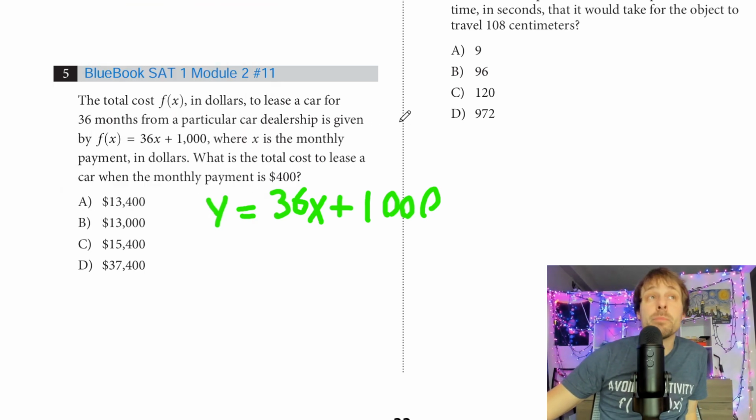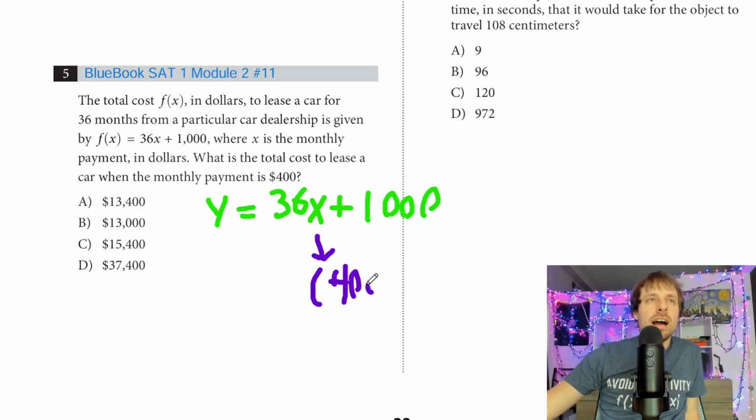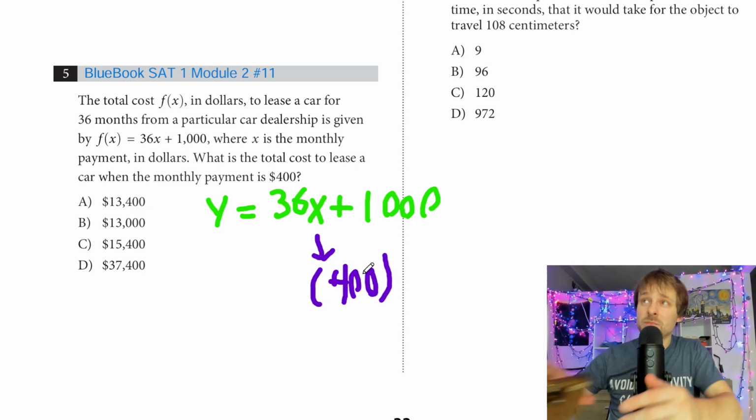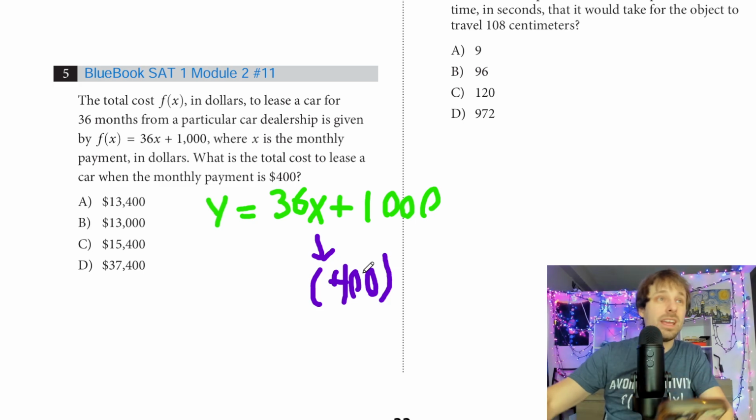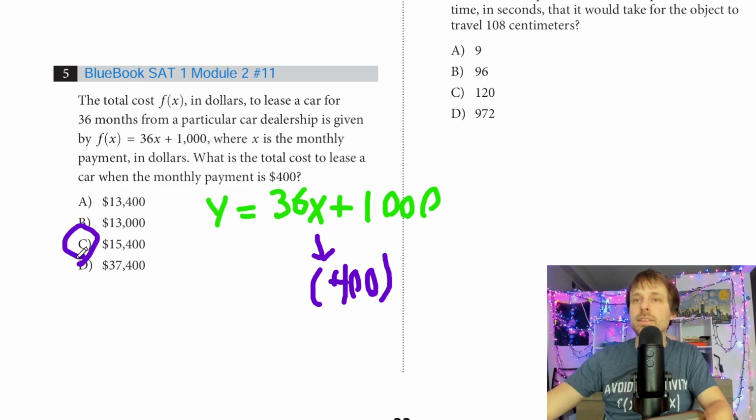X is the monthly payment. What is the total cost to lease a car when the monthly payment is 400? So they make it really easy for us. If this is my monthly payment and we already know it's 400, this just turns into 400 times 36 plus 1,000, right? But I do want to jump into the context after real fast. So 400 times 36 plus 1,000. I just get 15,400 for C. Let's make sure it's right. Yeah.